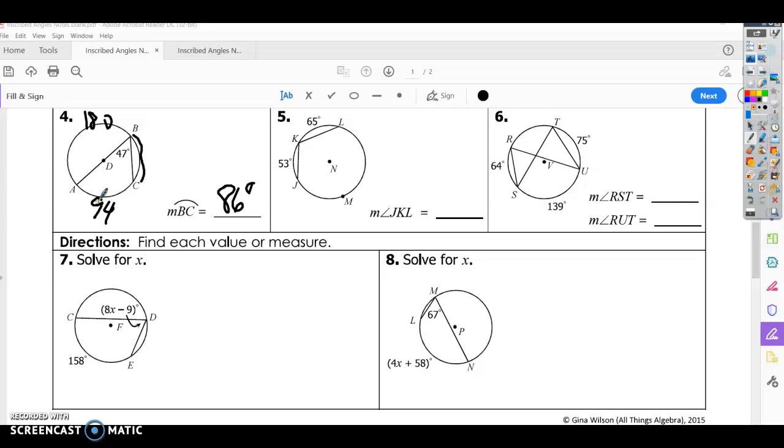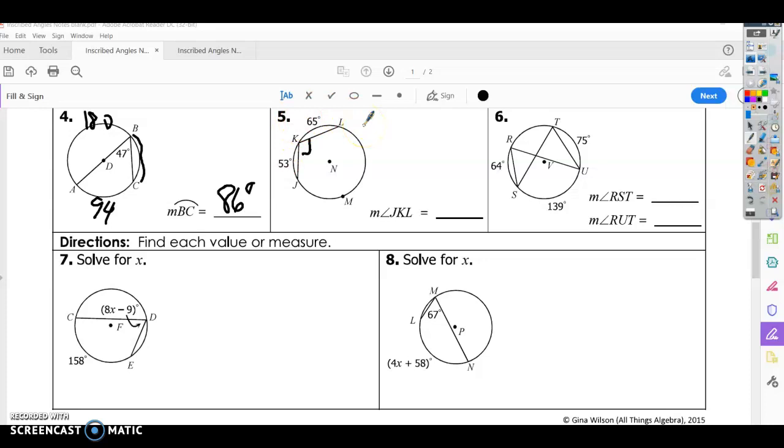All right, number 5 gives us the 2 smaller arcs, and they want us to know what is the measure of JKL. So we're looking for this angle measure. Well, we don't know the angle measure, but if we can find this arc measure, then we can find this angle measure. Again, we know that the whole circle is 360 degrees.